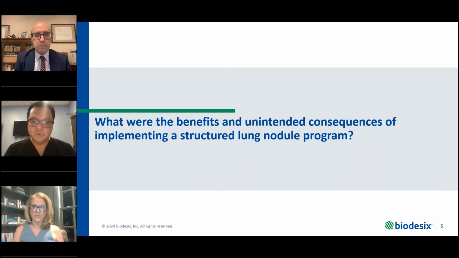We all do our best to speed things up, we all do our best to move things along, but until you actually sit down and track the data and follow how many days from point to point, you don't realize that sometimes what we feel is short is not short enough. With our program, we were able to identify, for example, that it was quick to pulmonology and procedure, but long to surgery.